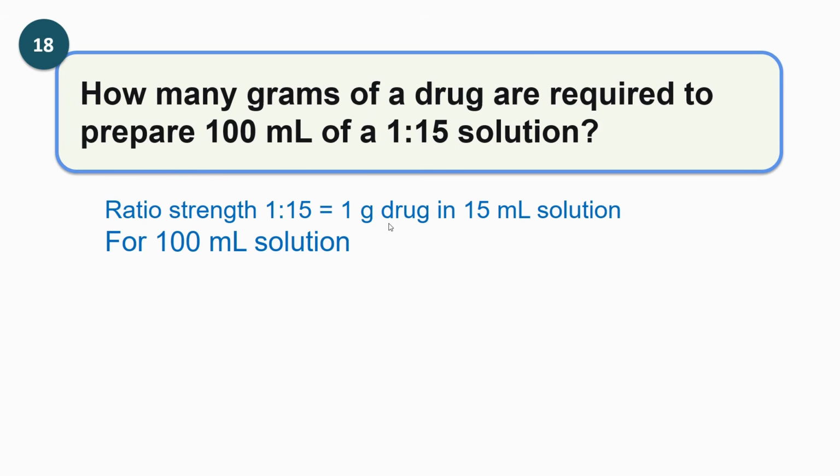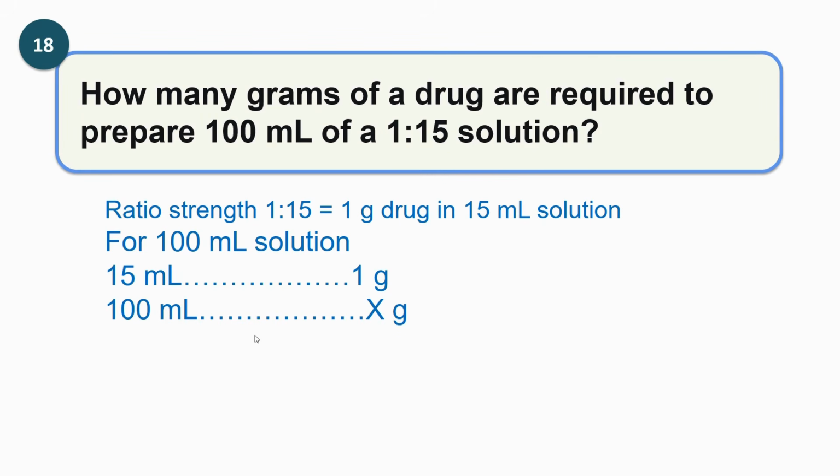So now you have to prepare it for 100 mils. Here it is just for 15. So now how do we do that? 15 mils has 1 gram. And then obviously 100 mils has how many grams? So now you do the cross multiply.